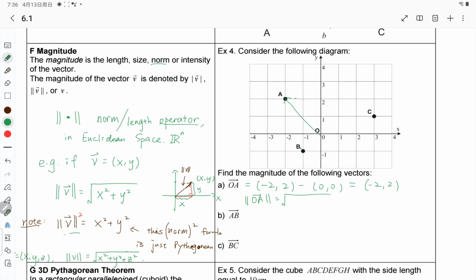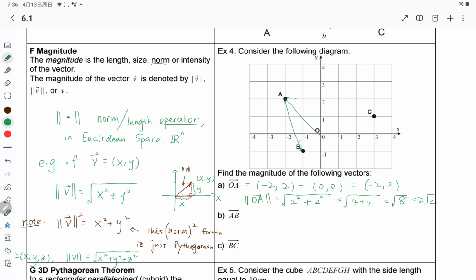Definitely keep this in mind and don't make a mistake. That's why we are spending this time in class. So square root of 4 plus 4, square root of 8, which is 2 square root of 2. And then AB.